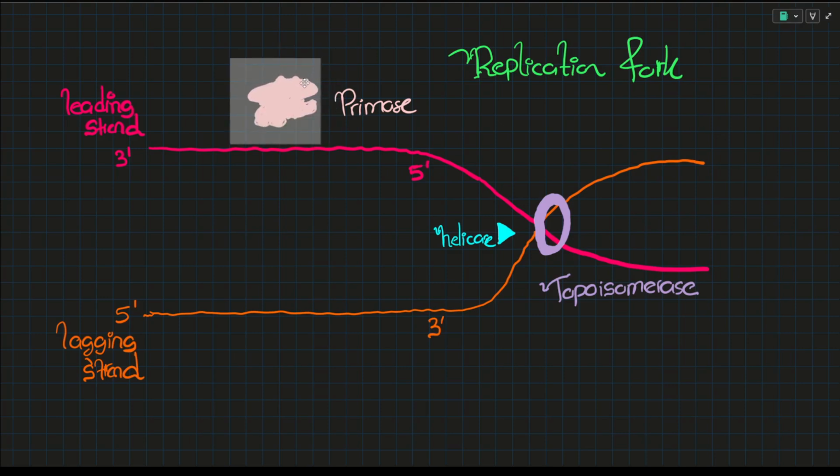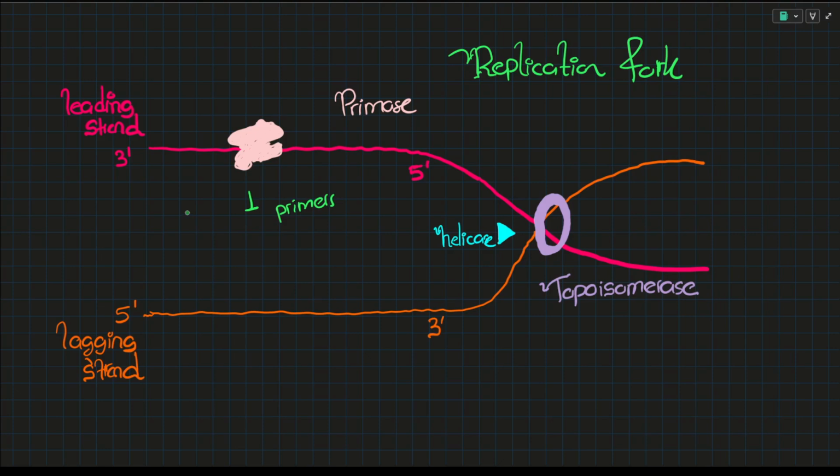What primase does is it binds to the DNA strand and produces these little parts known as primers. These are primers. Primase produces primers. These are simply short pieces of RNA to mark the starting point of replication.